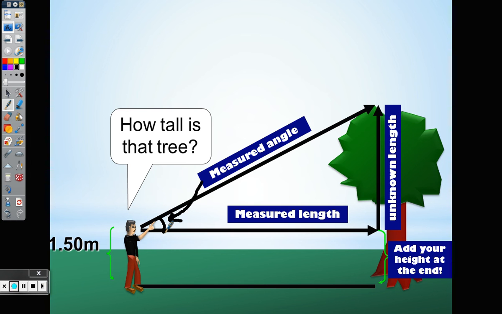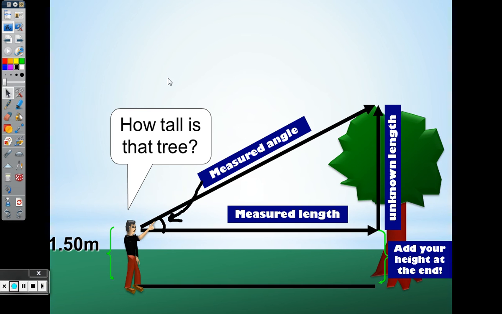So, dealing with our variables, which side is our hypotenuse? It's the side that says measured angle. We have our adjacent, which is our base, and then the unknown length that we're finding is our opposite.